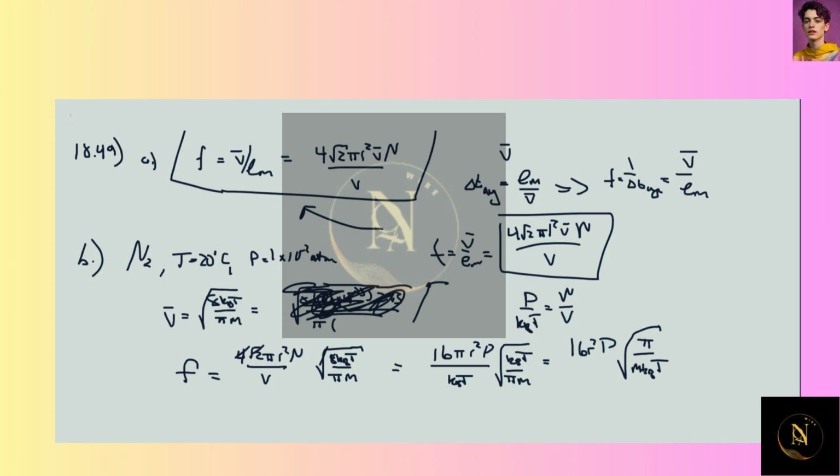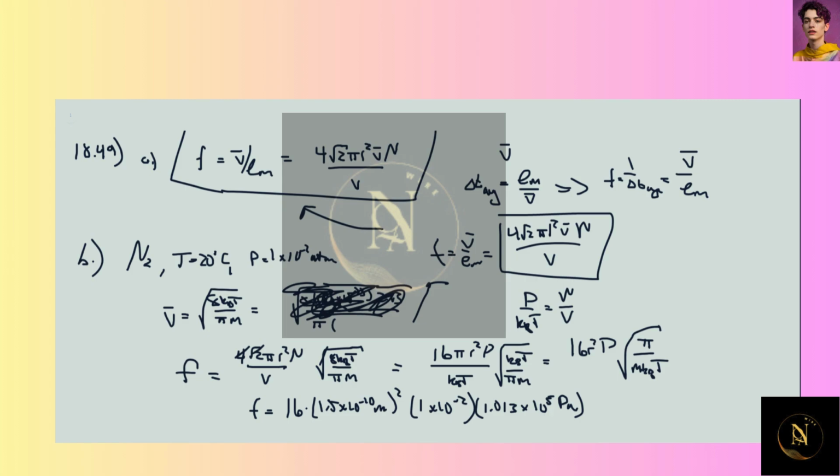Okay. So now let's calculate this, because this is going to be much easier to do. So f now is 16 times 1.5 times 10 to the negative 10 meters squared, times 1 times 10 to the negative 2 atmospheres for the pressure, and the conversion factor to SI units is 1.013 times 10 to the 5 pascals.